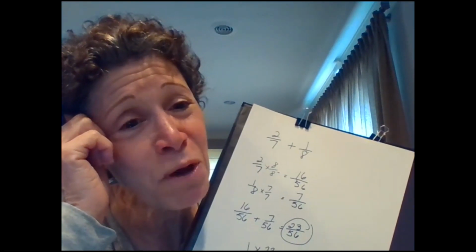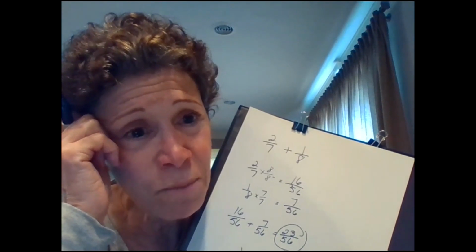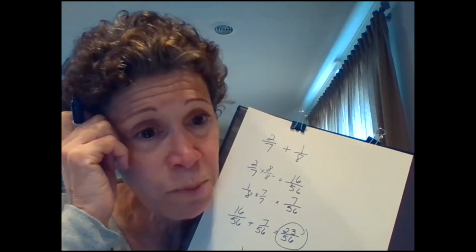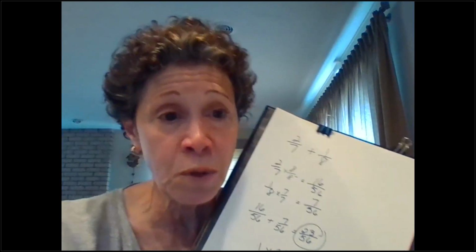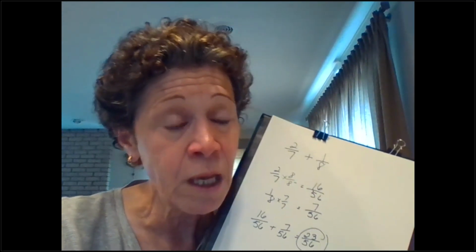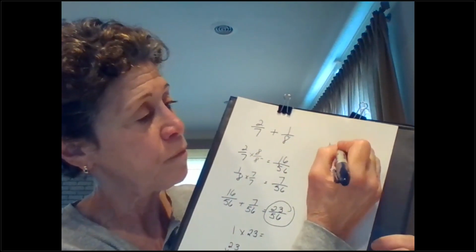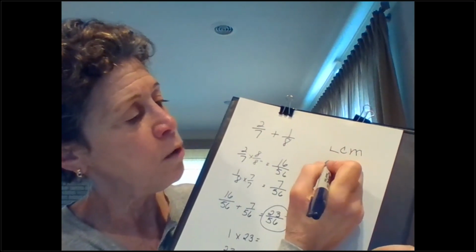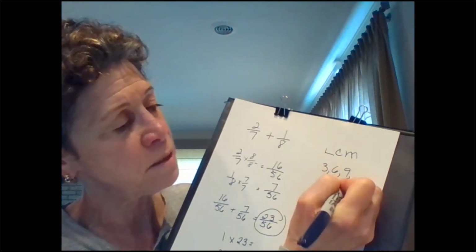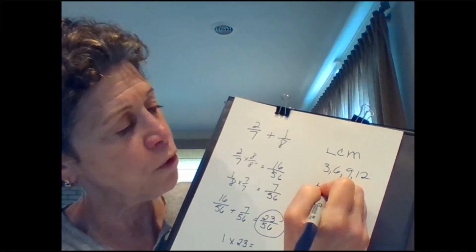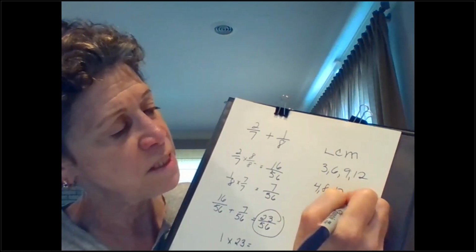When we started, you had some confusion between greatest common factor and lowest common multiple and how it applies to equivalent fractions. Lowest common multiple is when you write out the multiples, say 4, 8, 12, 16.